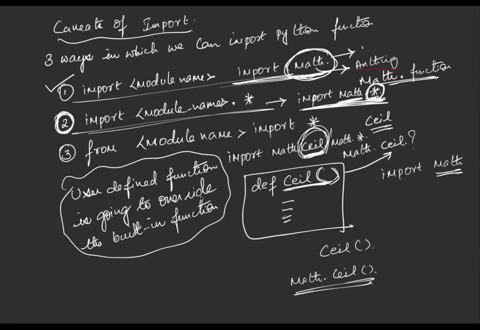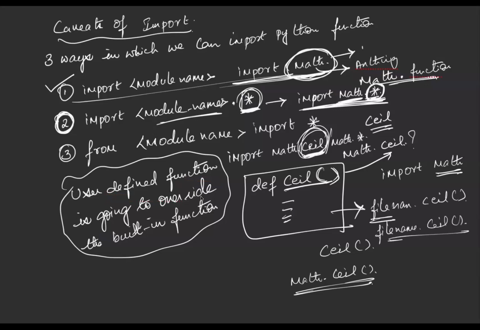For our understanding, let us say by doing the module name dot star, we are adopting all the functions in this module, which means the last name of the functions in this module is going to be your file name. And your file already has a function with the same first name. Your file name dot ceil cannot be defined twice in the same program. That is going to create conflict.